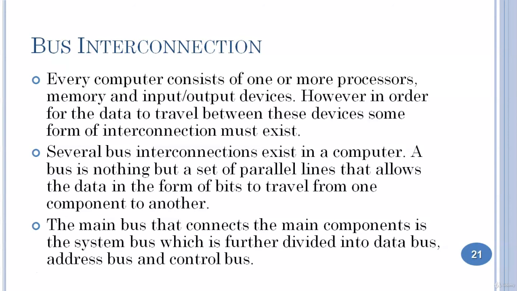Now, as stated previously, a bus is nothing but a set of parallel wires that allow the data in the form of bits to travel from one component to another. Now, the main bus in a computer that connects the main components of a computer is the system bus.